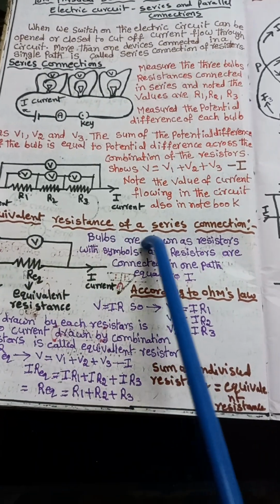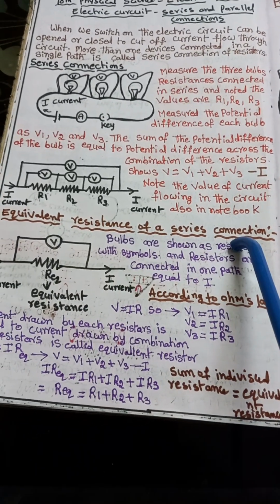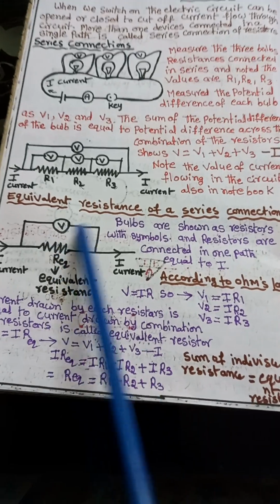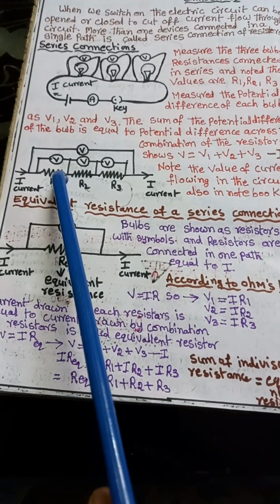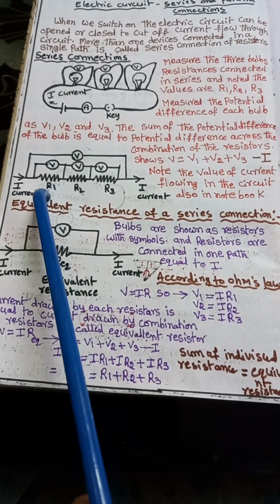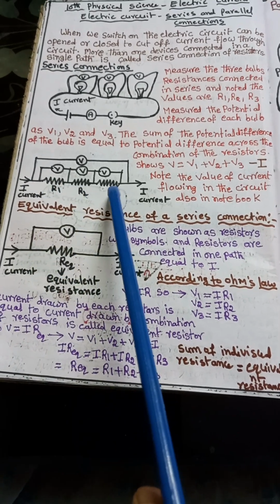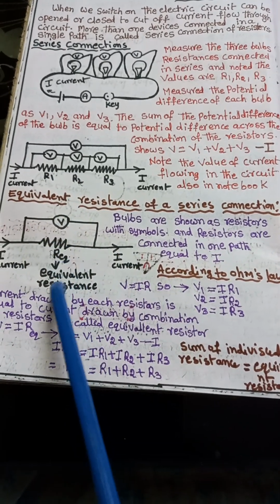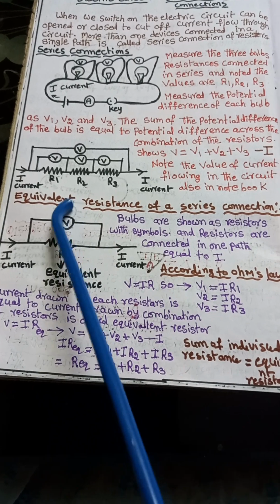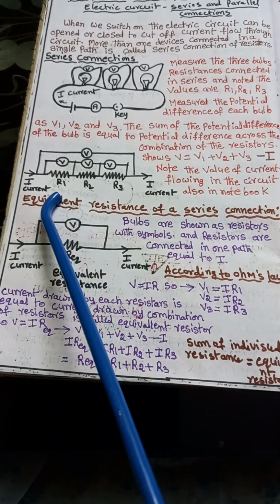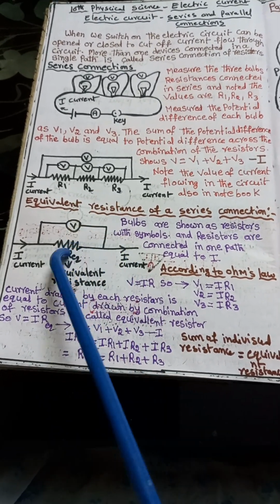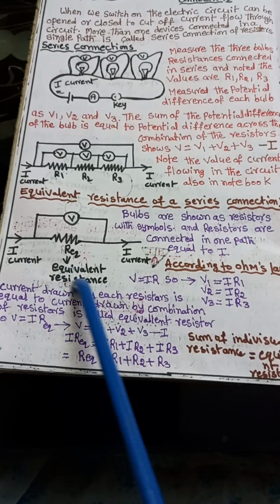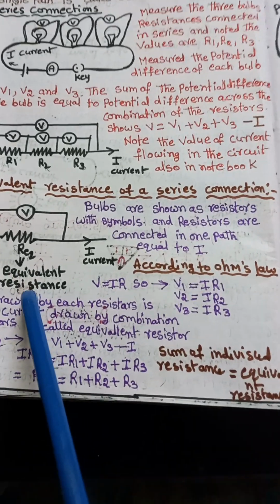Equivalent resistance of a series connection. First we take the resistances as R1, R2, R3. Next, totaling the three resistances R1, R2, R3 is taken as the equivalent resistance.